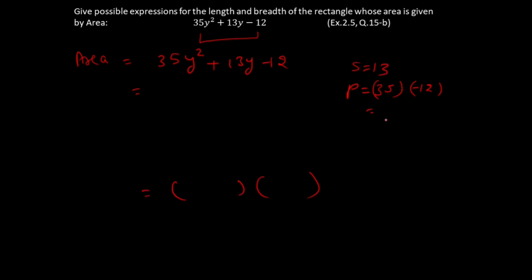That's a little complicated. So which two numbers will give me this? The product should be this one and the sum should be 13. So the two numbers will be, just calculate, which two values will give me sum 13 and the product will come minus 420.